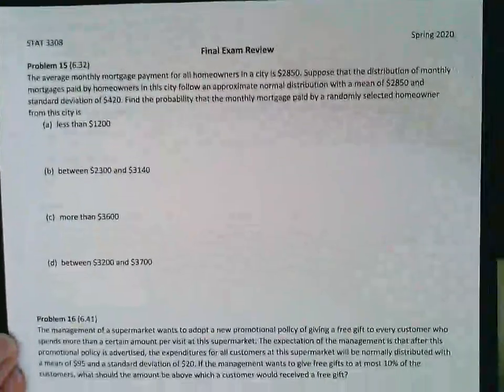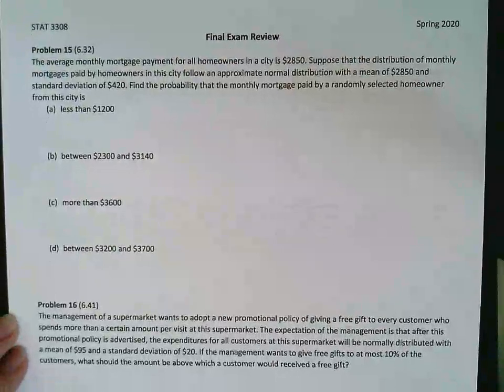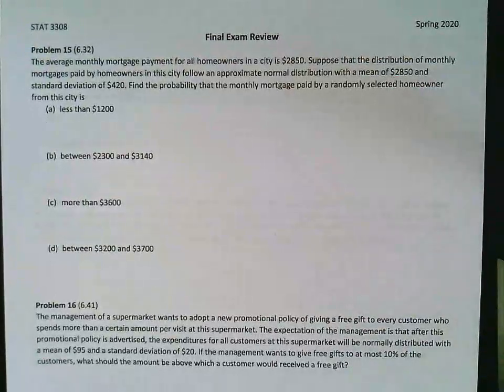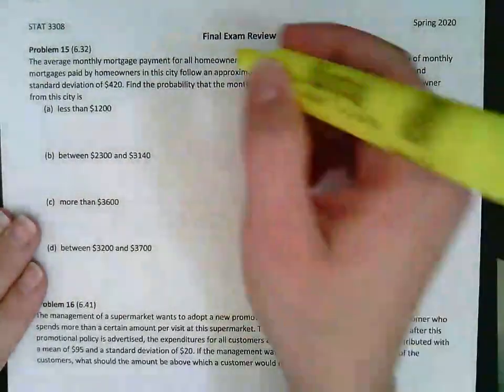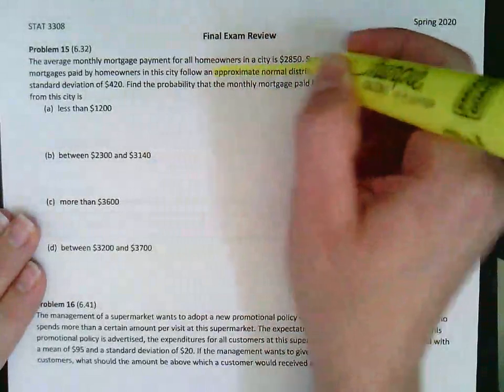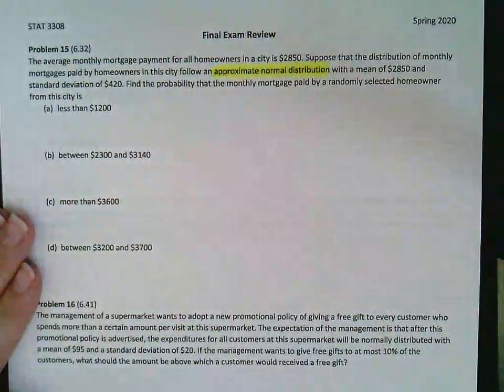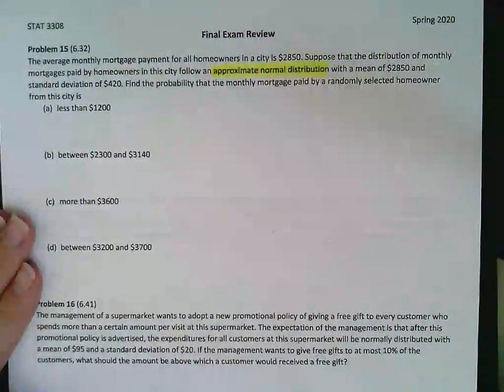We're now going to get into chapter 6, which is a little bit more streamlined. Chapter 6 is all about the normal distribution. So here on chapter 6, we have the average mortgage payment. Suppose that they follow an approximately normal distribution. That's one thing that tells you it comes from that chapter: the problem will say it follows a normal distribution.